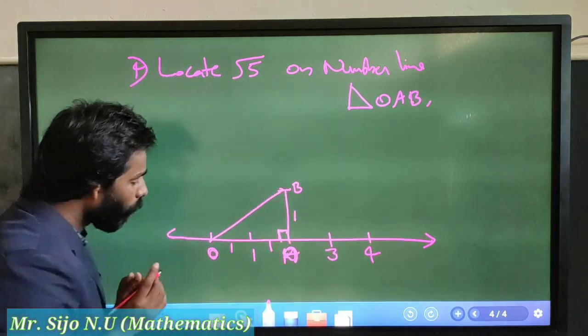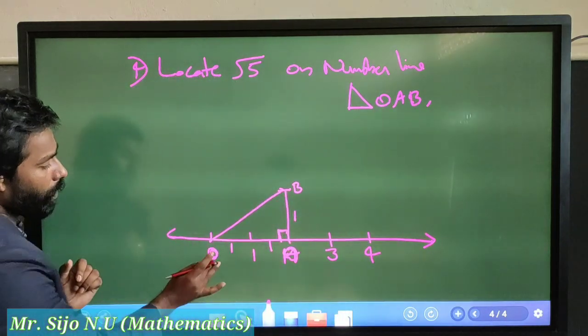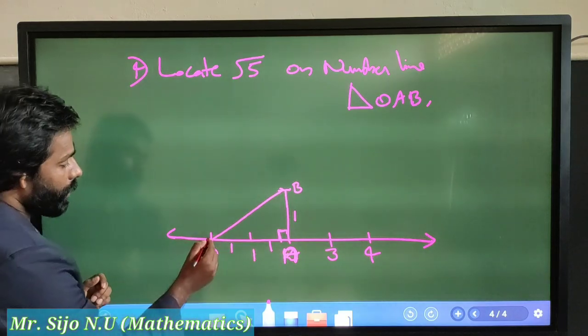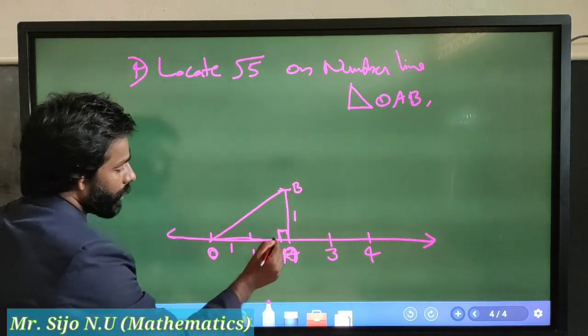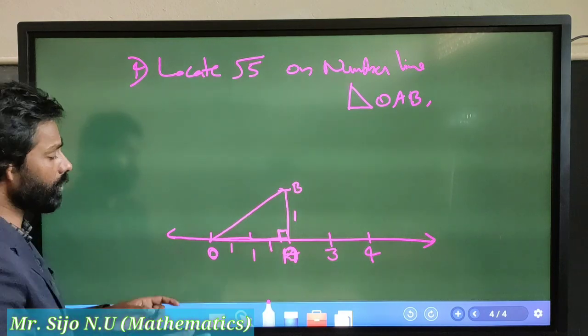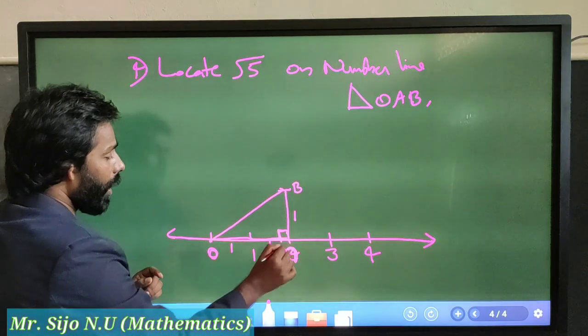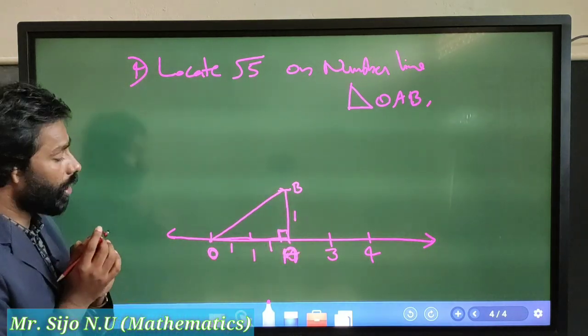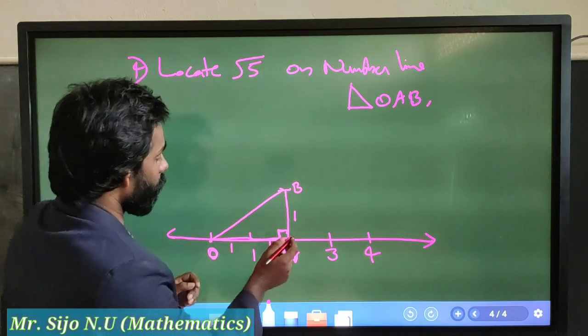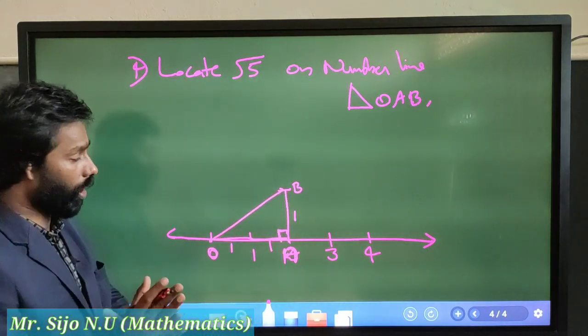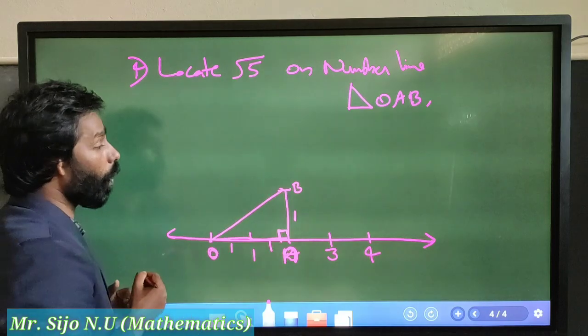Now you see, what about the length of OA? From here to here it's 1 unit, and from here to here it's another 1 unit. So from O to A the length is 2. And from here to here the length is 1. So what about the length of OB?